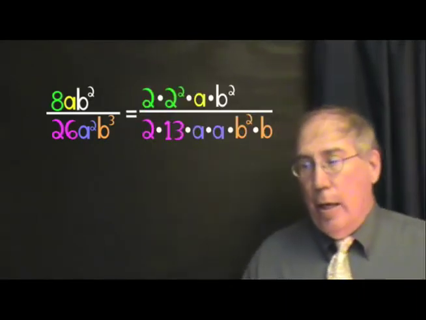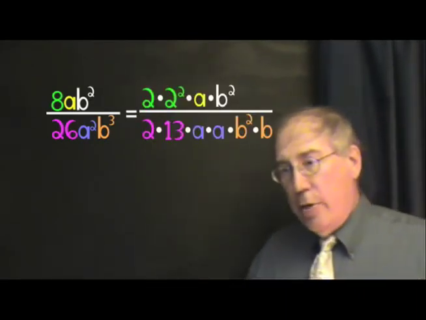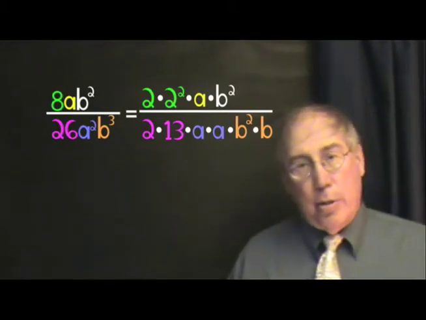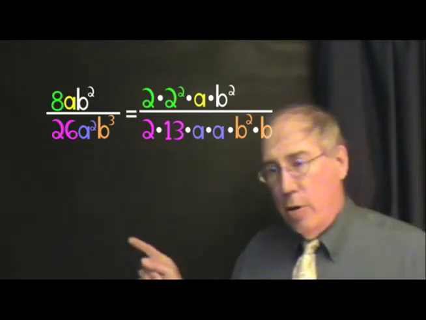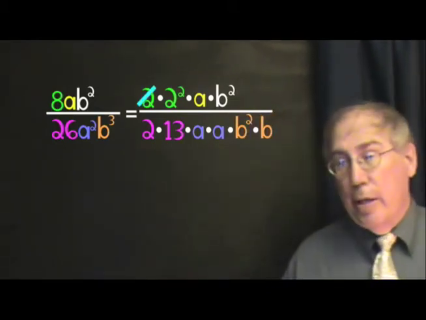This one here, let's do the same sort of thing. Factor the numerator and denominator, and we see that we can cross out some 2's, one from the numerator and one from the denominator.